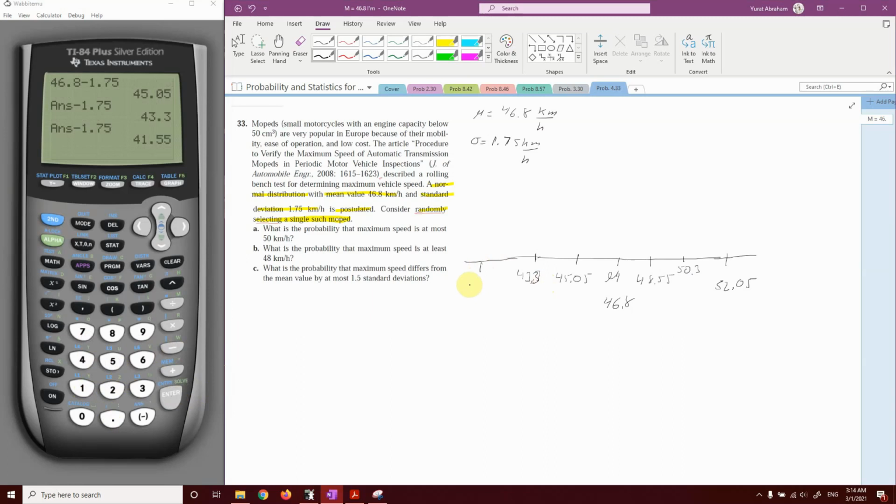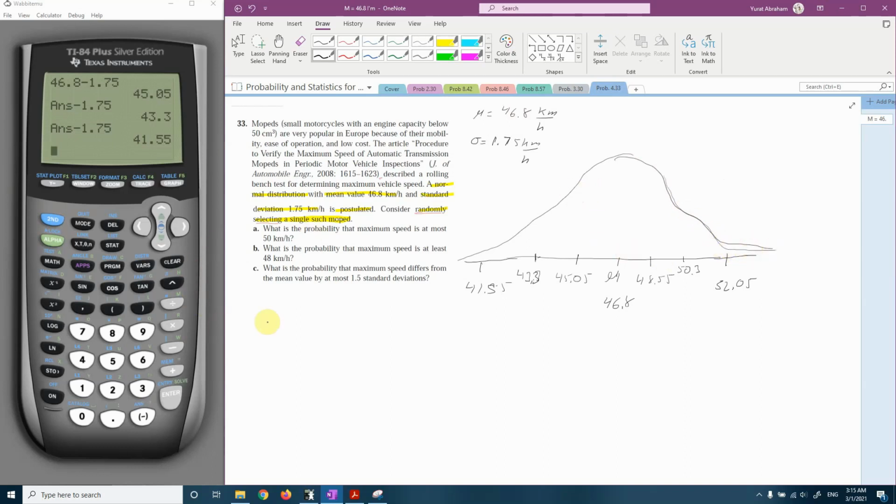There you go. 41.55. Okay, and then we do this. There you go. Bell curve right here, bell curve right here. Okay, cool. Yeah, I know it's not so perfect, but anyway.